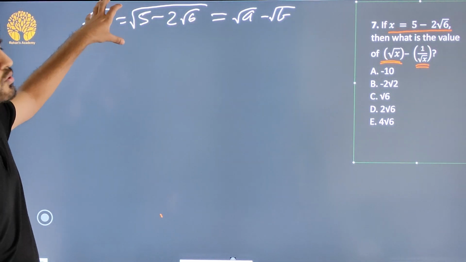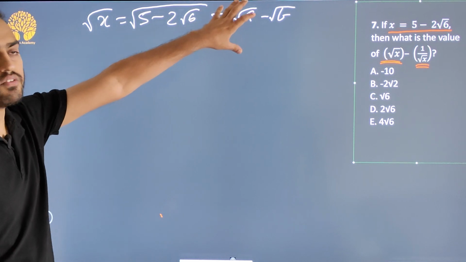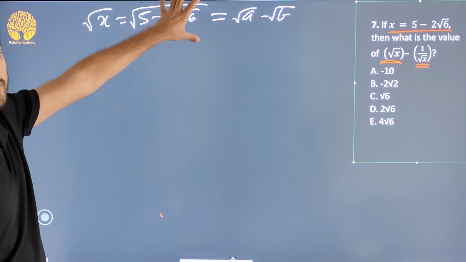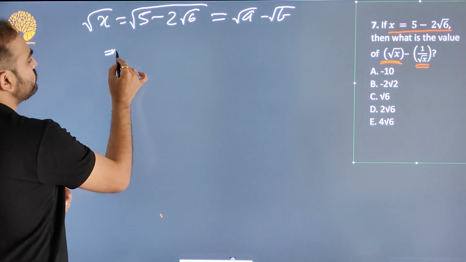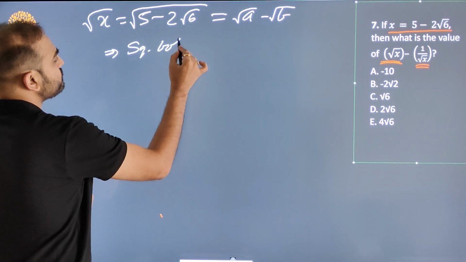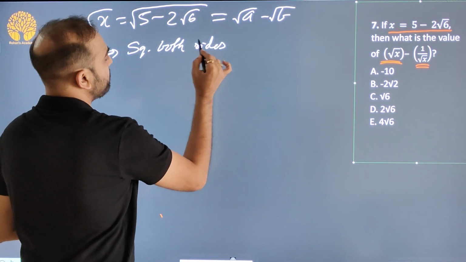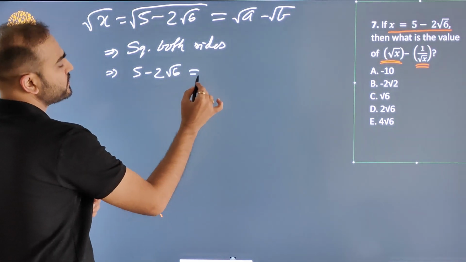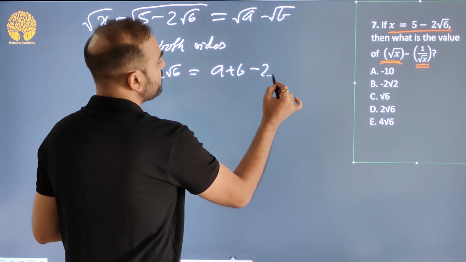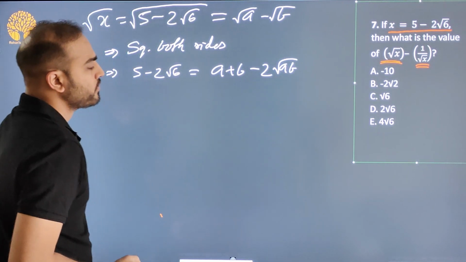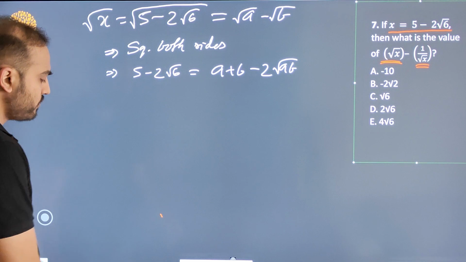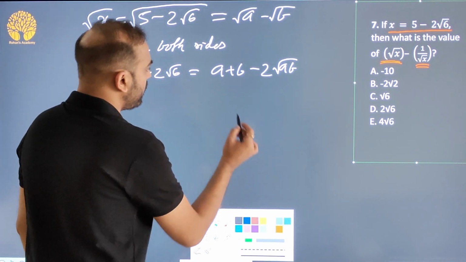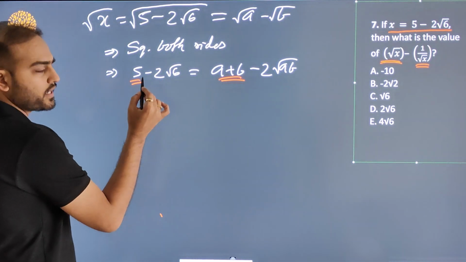So let square root of x be root a minus root b. Now if you square both sides, 5 minus 2 root 6 is a plus b minus 2 root ab. Again, like terms.